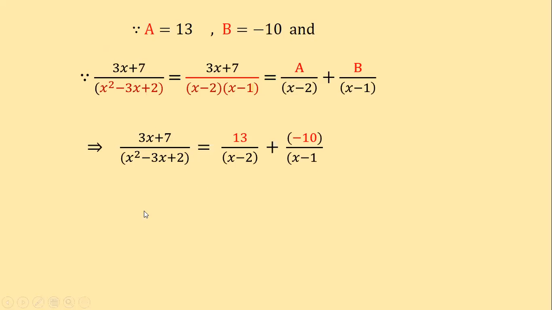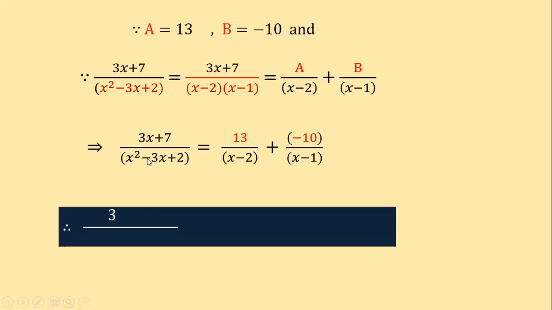So the final statement is 3x plus 7 by x square minus 3x plus 2 is equal to 13 by x minus 2 minus 10 by x minus 1. In this sum we got the proper fraction divided into the difference of two partial fractions. In the previous sum we got the sum of two partial fractions. Here we got the difference of two partial fractions.